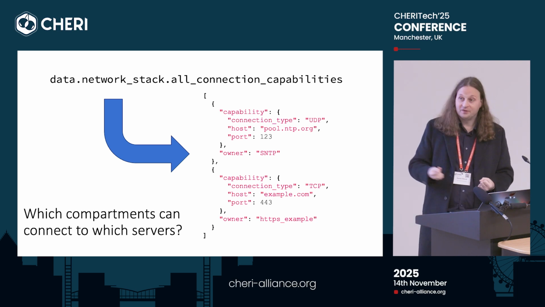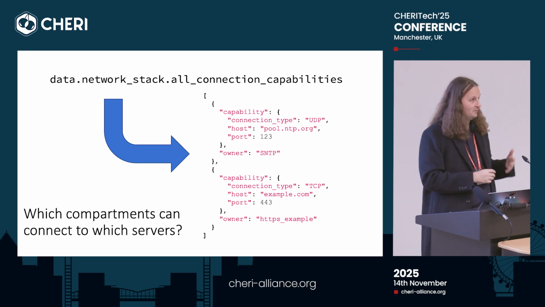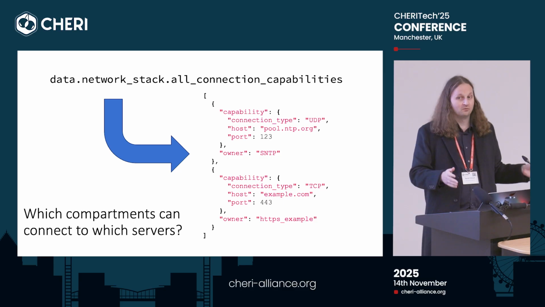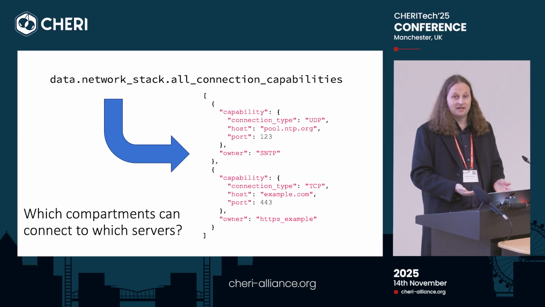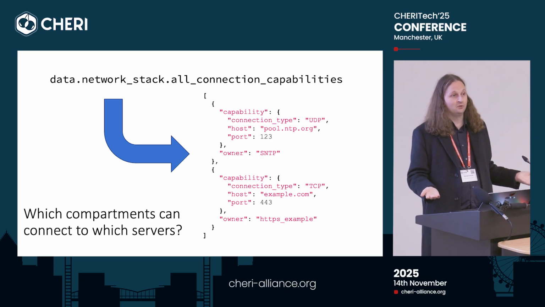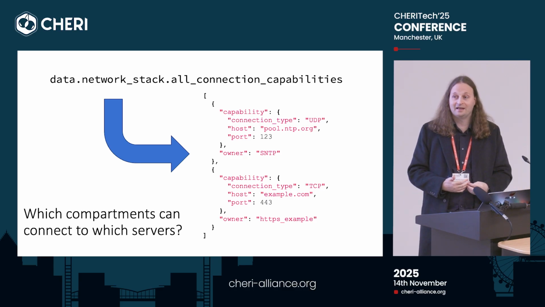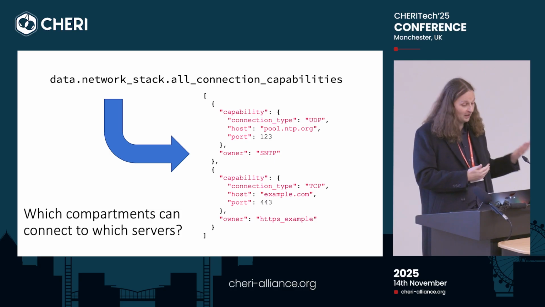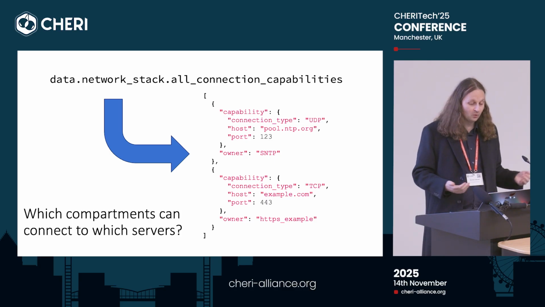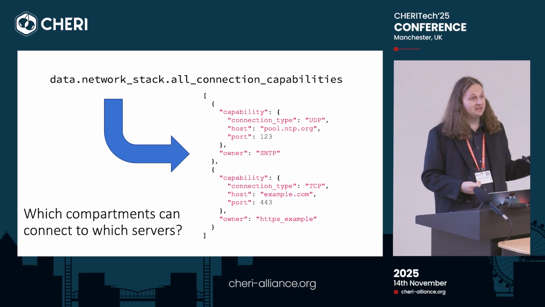So this is a query that the network stack's reusable block of Rego provides. This lets you say which of my compartments is allowed to ask the TCP/IP stack to connect to a remote host, and what remote hosts are they allowed to connect to on which ports, which protocols. And again, remember, these are capabilities.